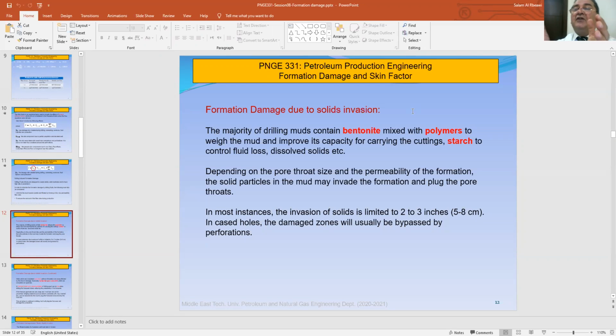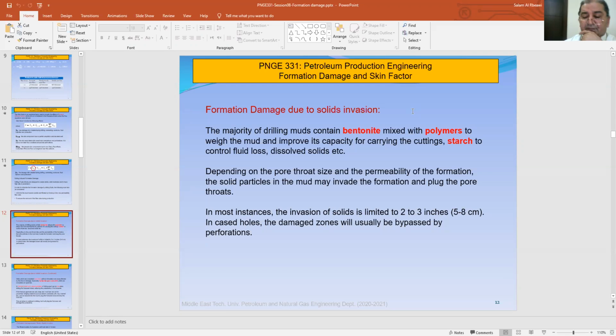And this could cause what? This could cause some type of reduction in what? In the permeability of the porous media close to the wellbore. Now, I'm talking about what? I'm talking about 2 to 3 inches, no more. That is 5 to 8 centimeters, no more. But this could cause a lot of damage. This could harm the production efficiency.